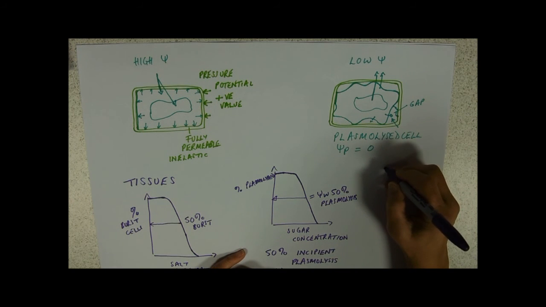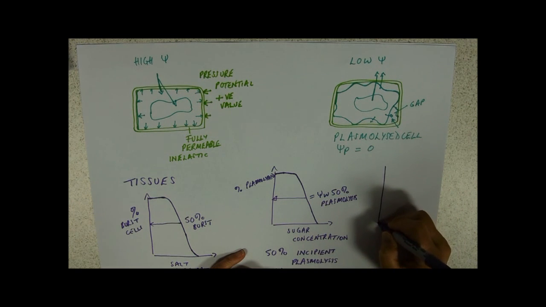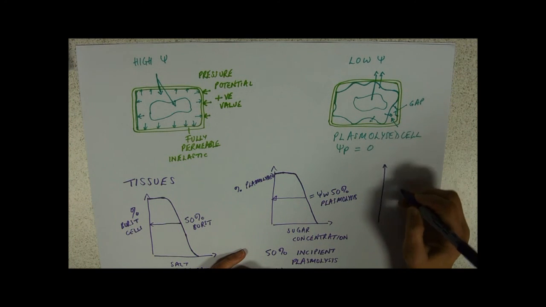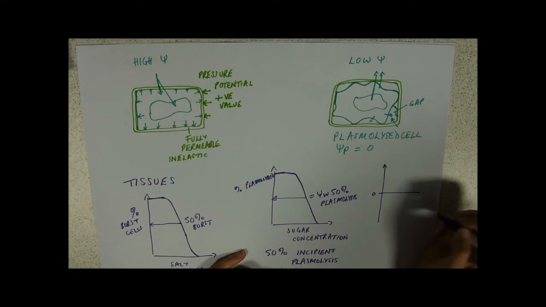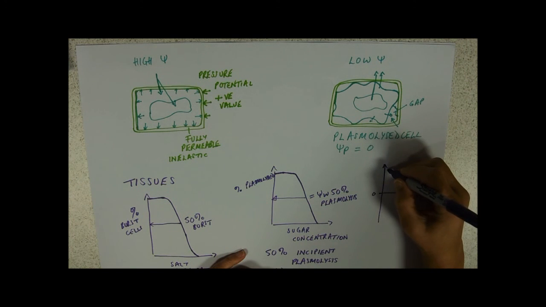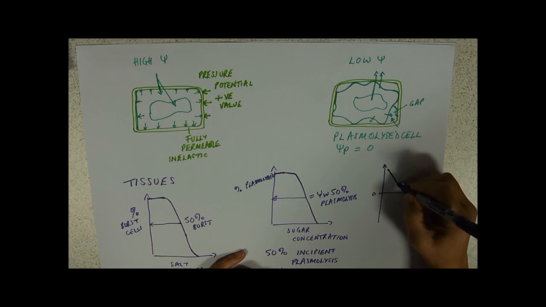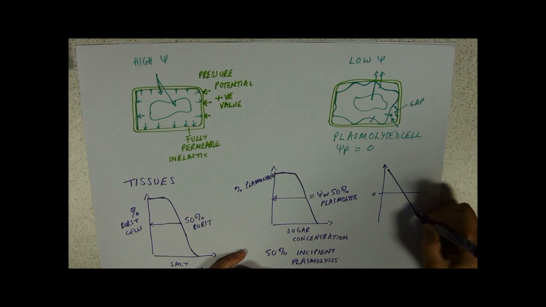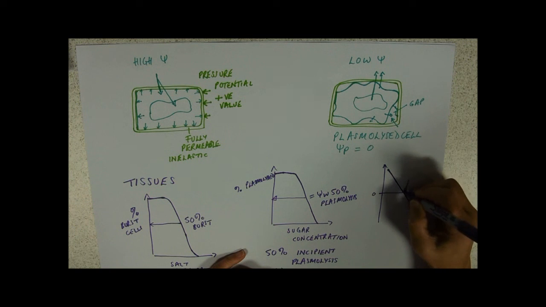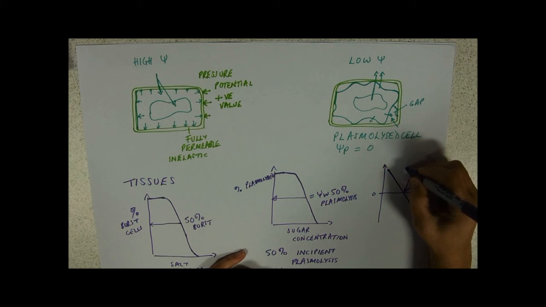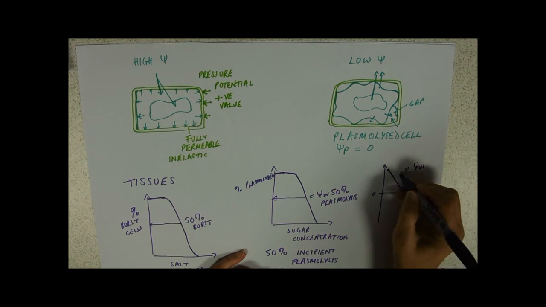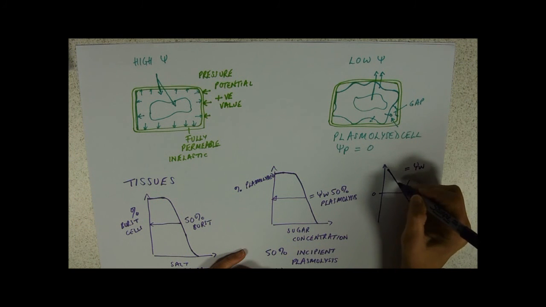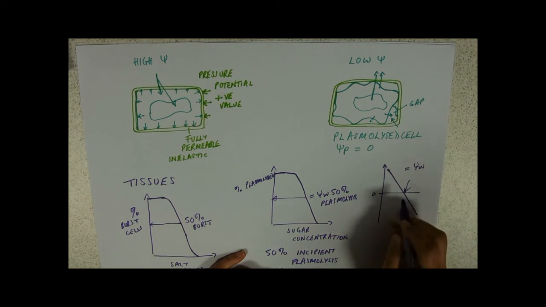When we're looking at potato tissue, beetroot tissue, sweet potato tissue, whatever tissue you want to look at, with the mass experiment, remember at the low concentrations it gained mass and then it loses mass. That point of equal water potentials is where there's no change in mass. So below this concentration, the tissue is gaining water because the solution has a higher water potential.